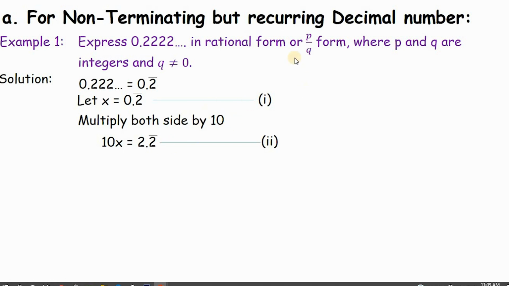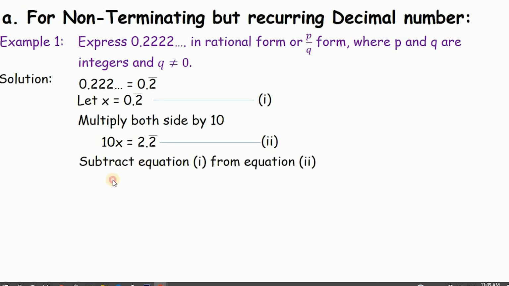Now in the first and the second equation you'll notice that the numbers after the decimal point are exactly the same. Here we have 2 bar, and again here we have 2 bar. So when you subtract, the numbers after the point become 0. So we subtract equation 1 from equation 2.